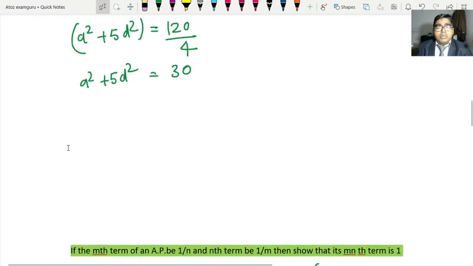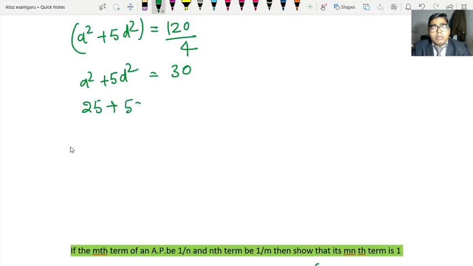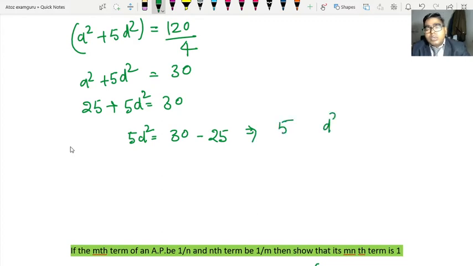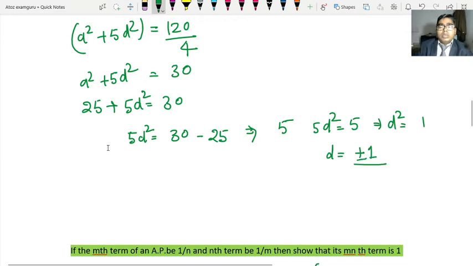So put it: you will get 25 plus 5d square equal to 30. So 5d square equals 30 minus 25, which is 5. So d square equals 1, and d equals plus or minus 1, right friends?